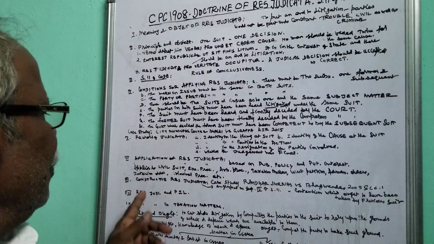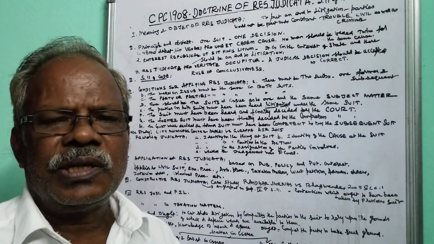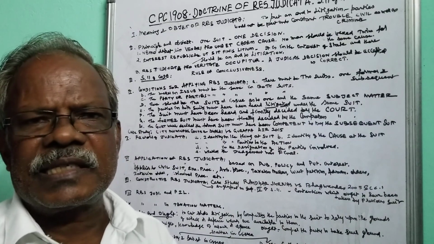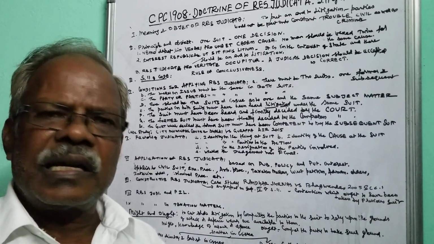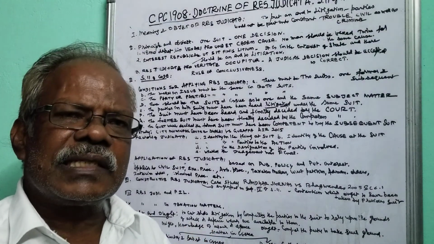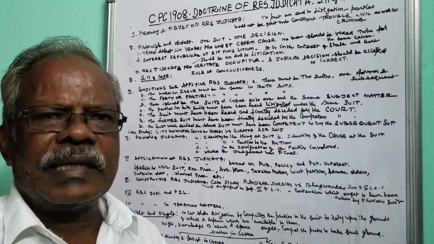Now we will see that res judicata is of two types. One is called direct res judicata and the other is called constructive res judicata or artificial res judicata. In direct res judicata, the matter in issue is direct.